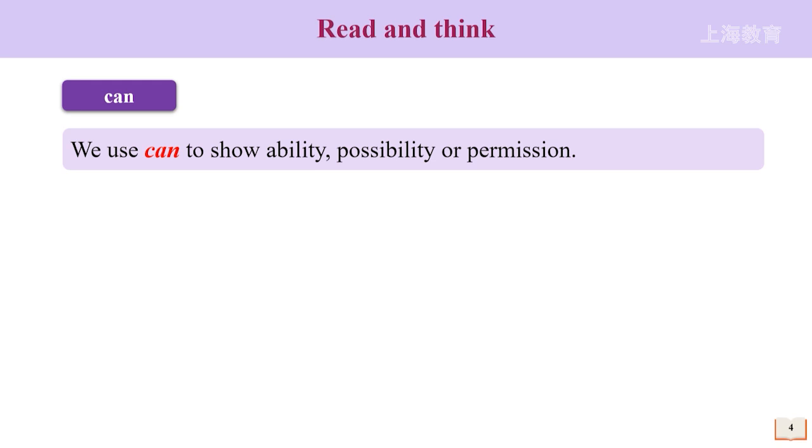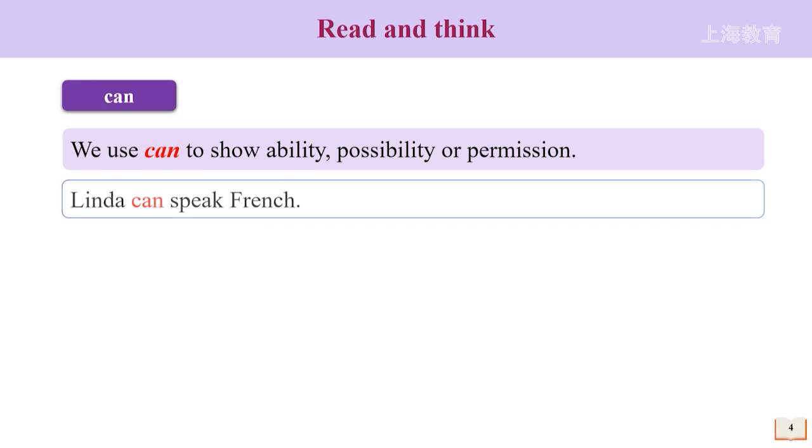How do we use can? We use can to show ability, possibility, or permission. For example, Linda can speak French. We use can to show ability. 这里的 can 表达某种能力。It means Linda knows French.